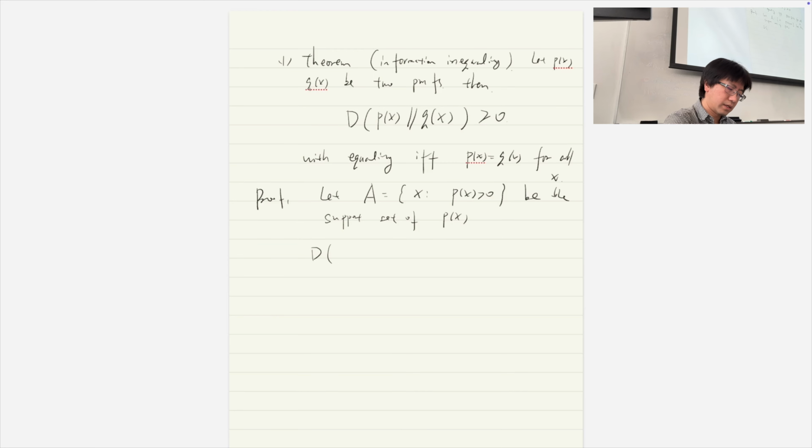Now let's start our derivation. The relative entropy between P and Q equals the summation of this term. This is the same as before, so there's nothing new here. But from the second step, there will be something new. We're going to use the concave property of this function.